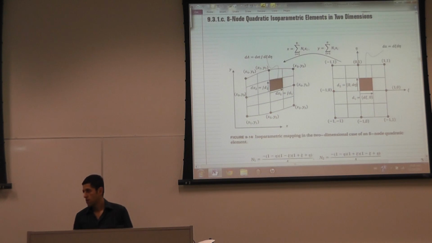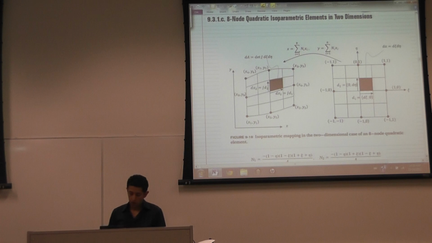Now this is the same for higher dimensions. The difference is now you can use the same shape functions to model curved elements with curved surfaces. If your geometry has curved surfaces, you don't have to stick to elements with only straight sides.